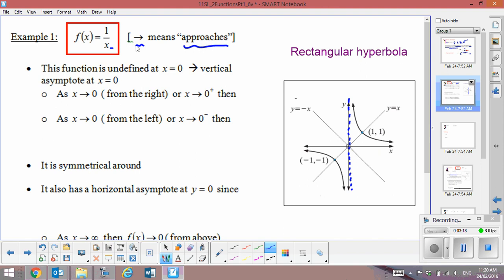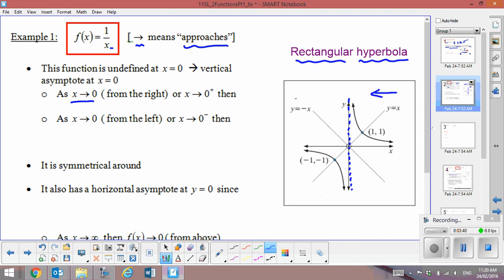You may already have recognised 1 over x as our hyperbola, a rectangular hyperbola, because it takes those two opposite quadrants. As x approaches 0 from the right-hand side, the way we say that is it's coming from the positive direction.